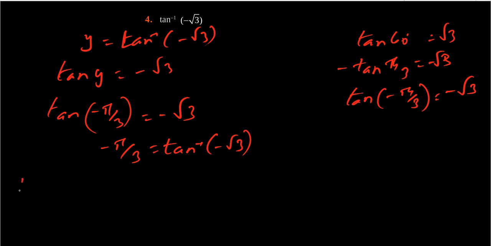So, the principal value of tan inverse of minus root 3 is minus pi by 3. The general principal value branch will be minus pi by 2 to plus pi by 2.